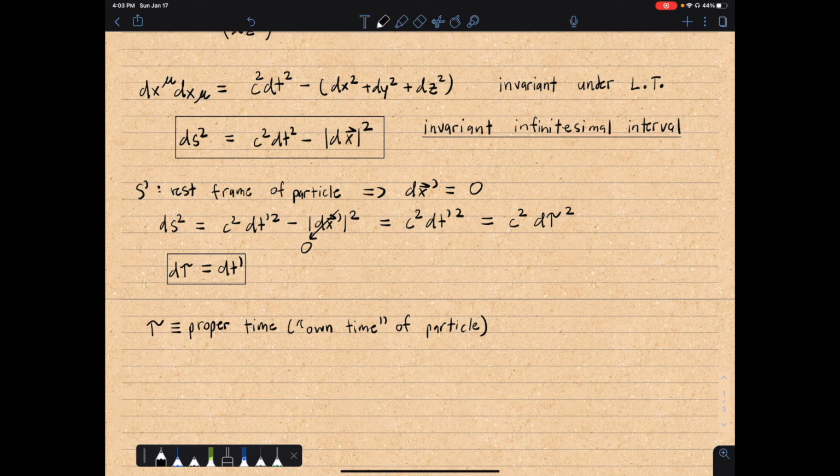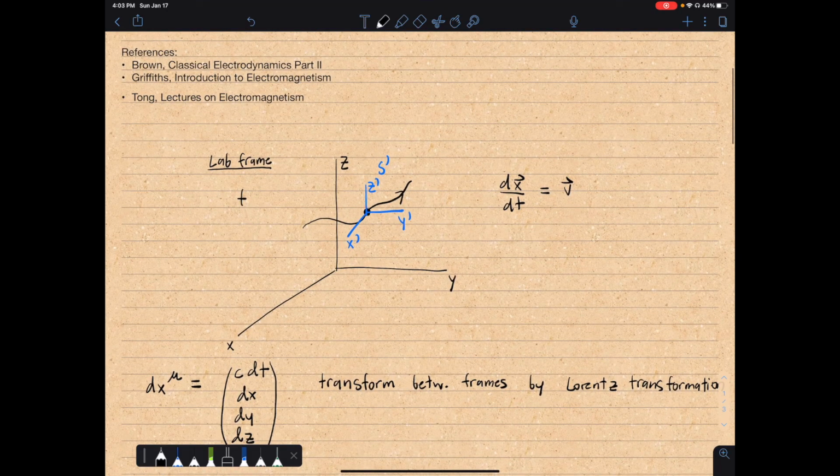Going back to the figure above, we might want to consider the change in the proper time along certain points in the particle's trajectory.